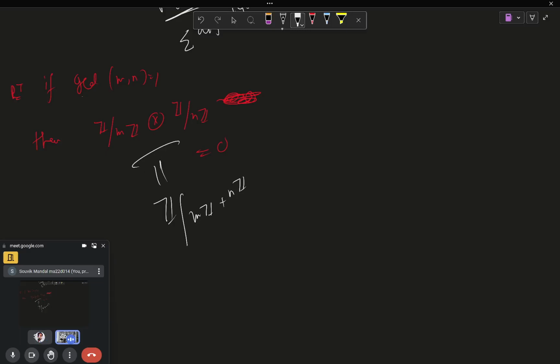We have GCD(m, n) equal to 1. Yes, there exists a Bezout identity.